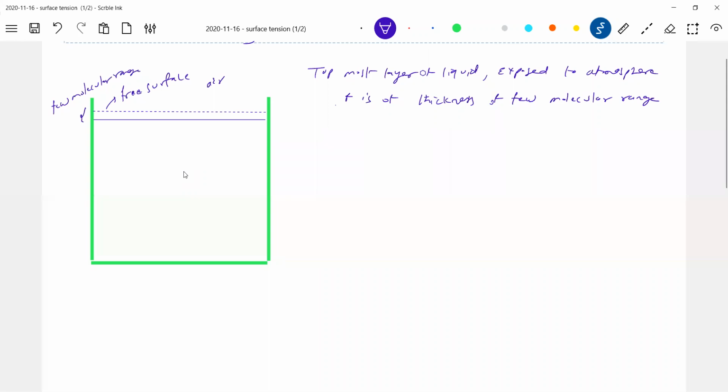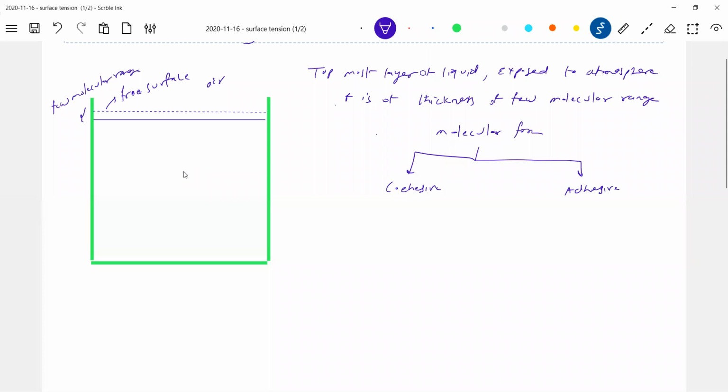Now let's define the two types of molecular forces. Cohesive forces and adhesive forces.